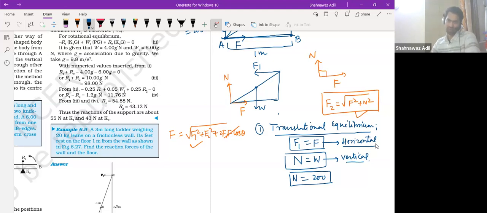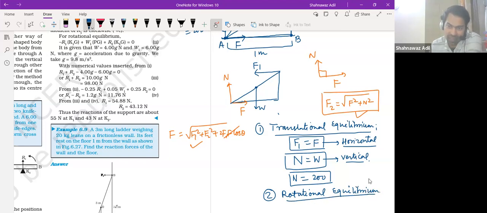Now we have to apply the rotational equilibrium, right? Rotational equilibrium. So we can apply the equilibrium in different cases, but we can choose this point as the point of rotation, or we can choose this point, or we can choose this point.